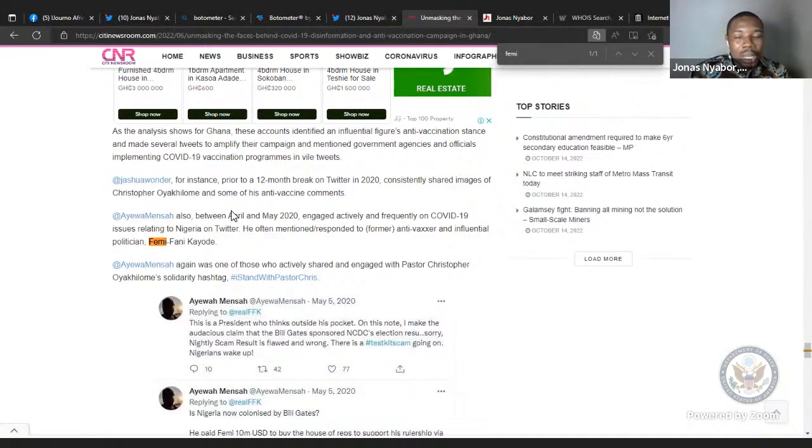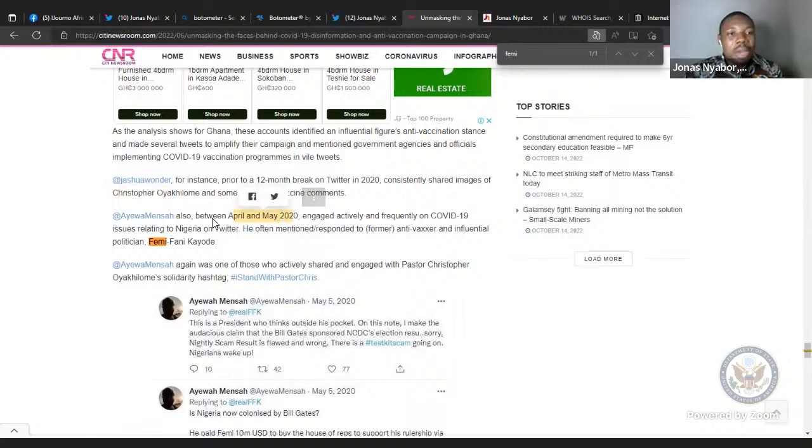and by the way, this investigation was actually looking at people who were campaigning against vaccination in Ghana. And so this particular account had a Ghana flag in the bio and was tweeting a lot about Ghana. This campaign was done in December 2021 in Ghana.